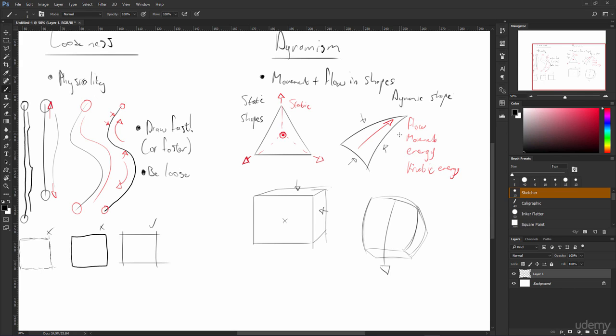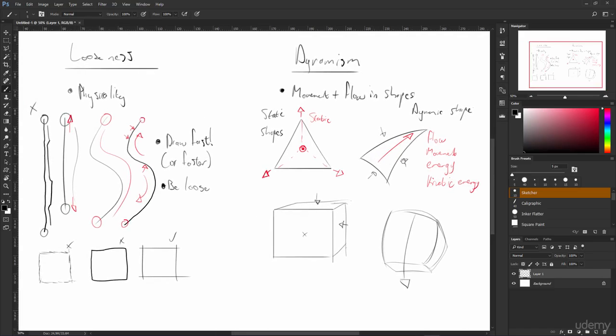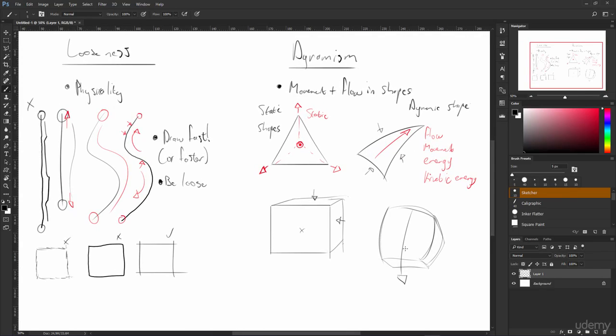Same thing with the side view. Granted, the side view generally has no mirroring in it. But hopefully you understand this concept of dynamism. We're going to be talking about this a lot as we move through, and you'll see how dynamism defines how we're going to draw all of our forms. We're going to make sure everything is dynamic all the time.